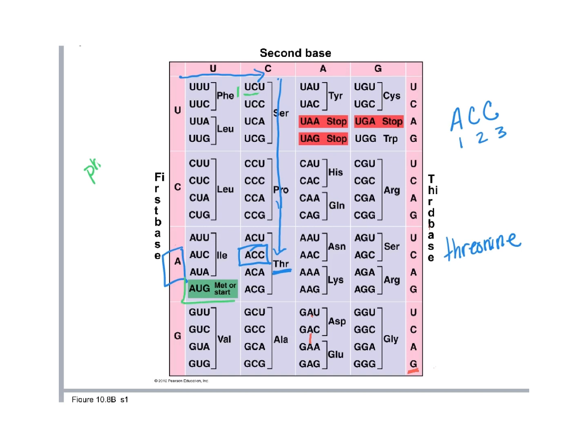So AUG, for instance, that's a start codon. It codes for an amino acid called methionine. And all of these here in red, those are all stop codons. All of those act as periods to a sentence. UAA, UAG, and UGA, all stop codons. They act as periods in a sentence telling the enzyme, okay, stop reading that RNA sequence right here.